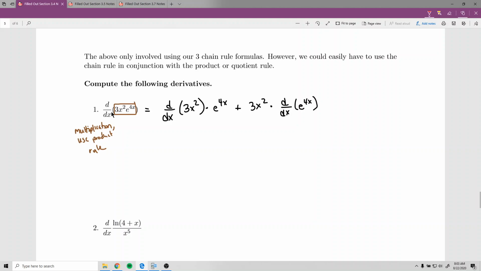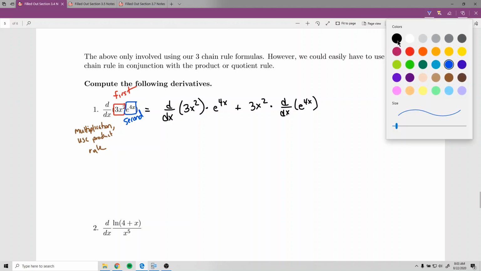Let me go ahead and just label the 3x squared as the first part, and then the e to the 4x as the second part. I don't want to cover the exponent though. All right, so we can more easily see that this should be the product rule.